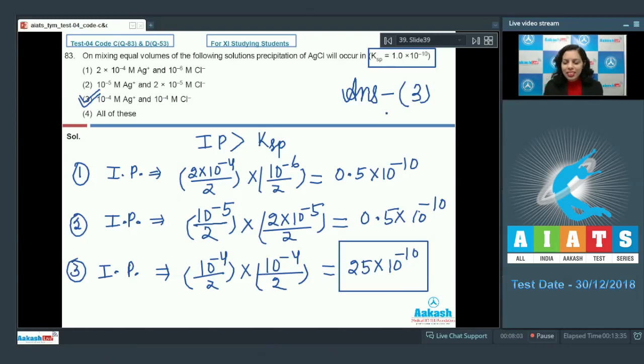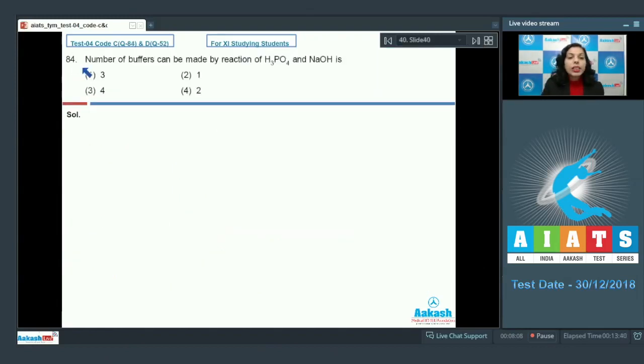Now, after this, let's move on to the next question. Question number 84. Number of buffers that can be made by the reaction of H3PO4 and NaOH. We have a weak acid, we have a strong base. If you mix these two, there is the formation of the salt of a weak acid and a strong base.